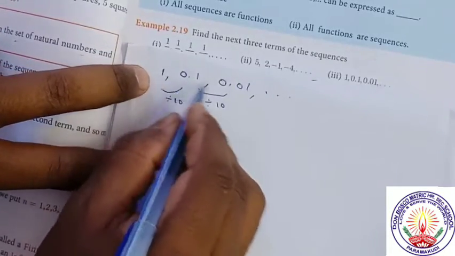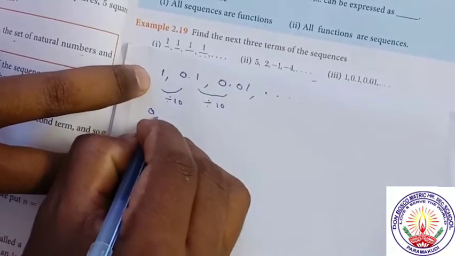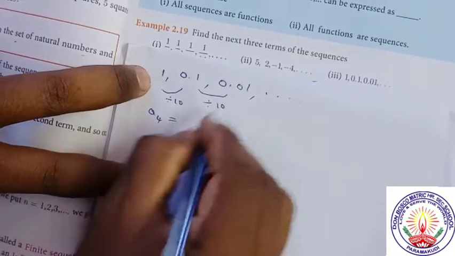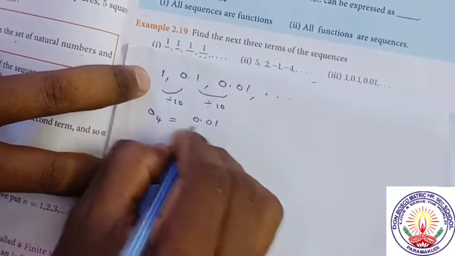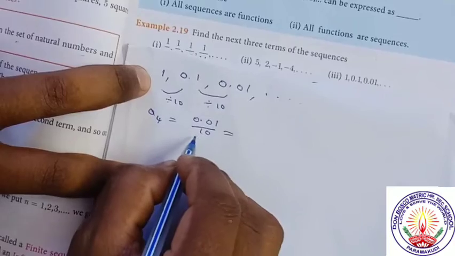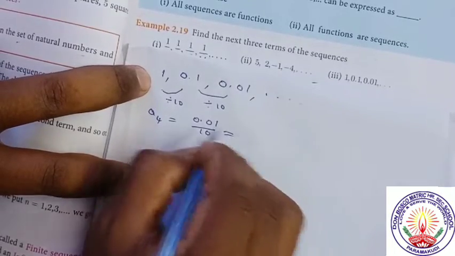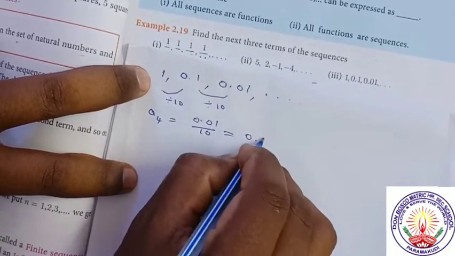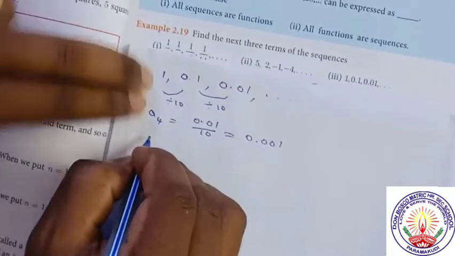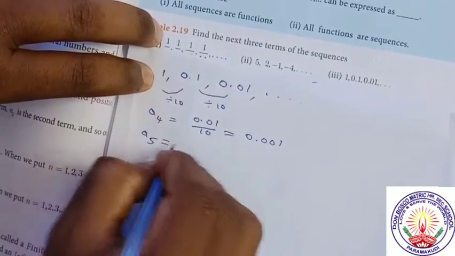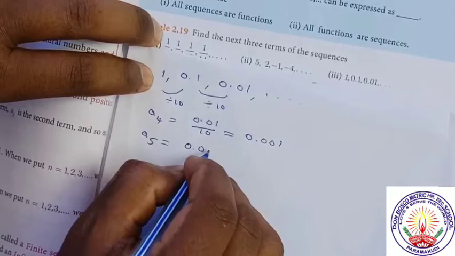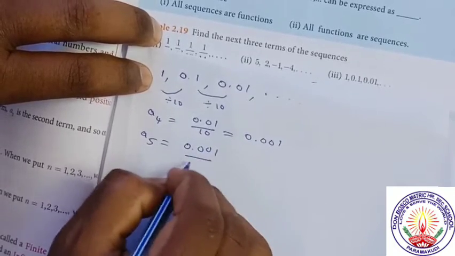Therefore, 3 terms are given. A4 will be 0.01 divided by 10. When you divide a number by 10, it will increase the decimal part. So 0.001. A5 is equal to 0.001 divided by 10.